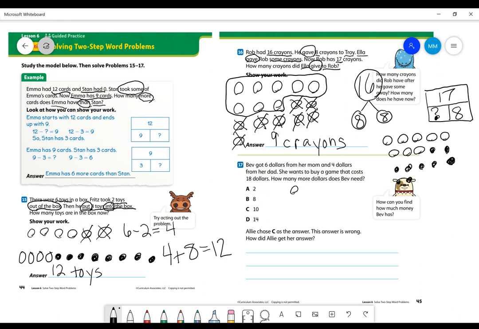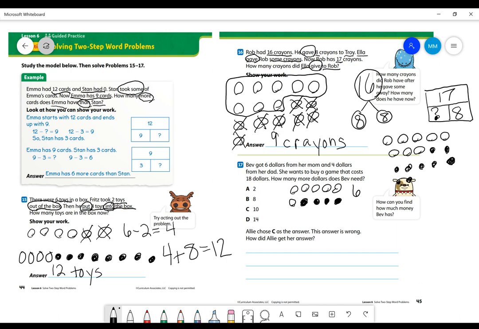All right, in our last problem, it says Bev got $6 from her mom. Gonna draw $6. 3, 4, 5, whoops. $6 from her mom and $4 from her dad. Ooh, what would my equation be? How many dollars did her mom give? 6.